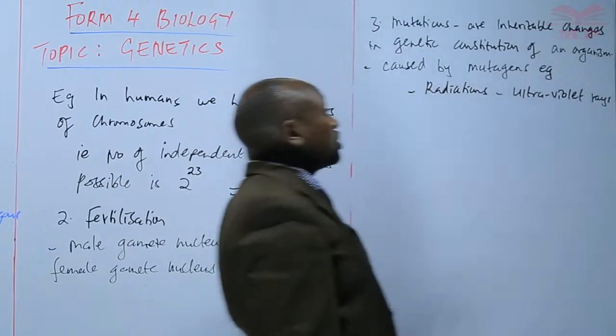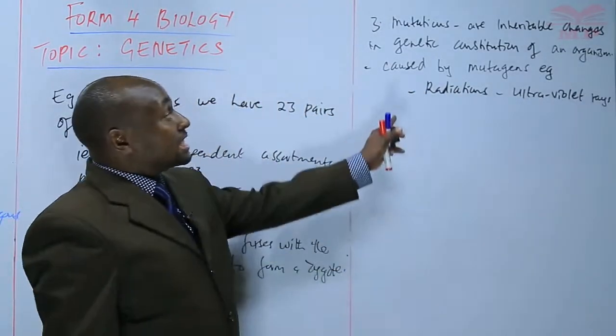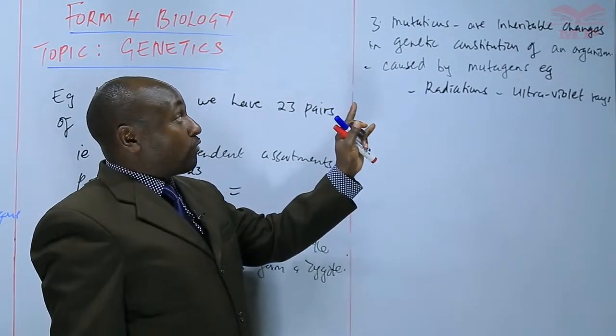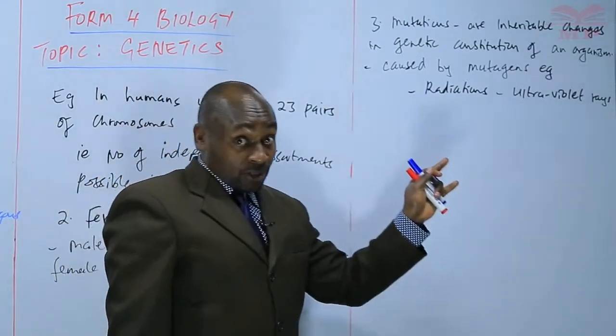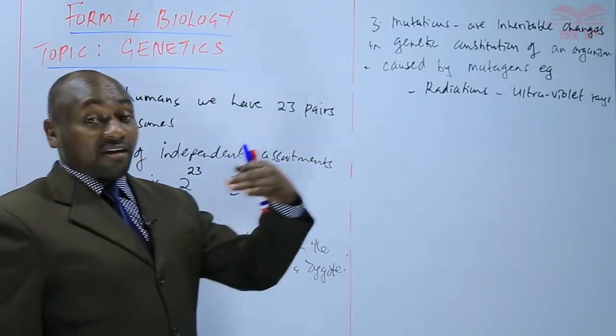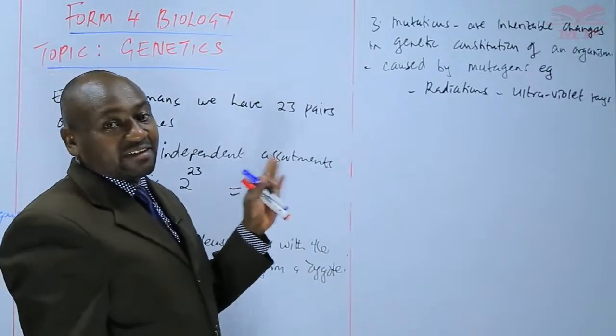They have been associated to be some of the radiations that cause the genetic constitution of an organism to change. And when the genetic constitution changes, then it is transferred to the offspring, especially those mutations that affect the gametes.